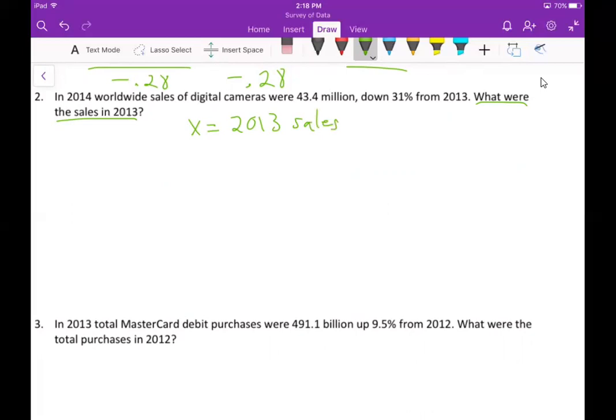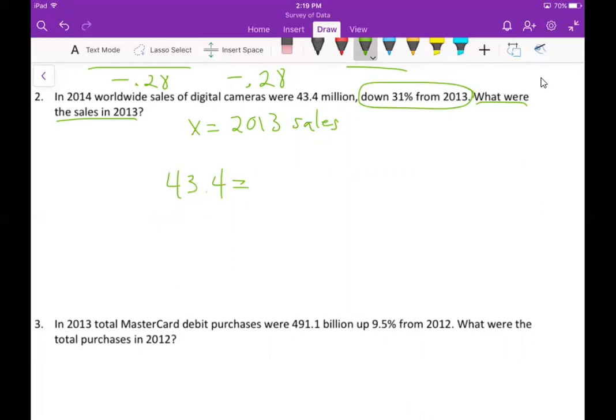Then we go back. In 2014, worldwide sales of digital cameras were 43.4 million. So 43.4 million is something we know. That was down 31% from 2013. So this is where we have problems probably, right? Translating this into an equation.